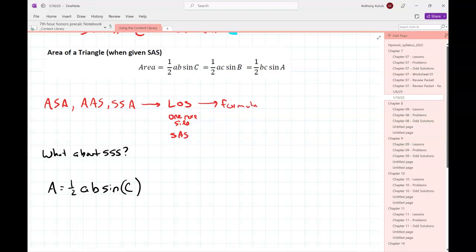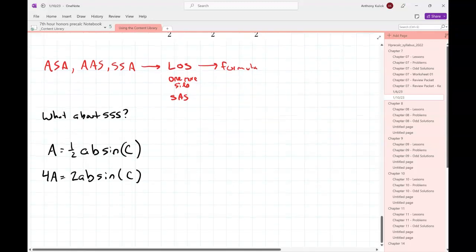All right, so this is what we're starting with, our area formula. And what I want to end up with is an area formula that has no angle measures in it and only the side lengths A, B, and C. Okay? So I'm just going to start by multiplying both sides by 4. And then I'm going to square both sides.